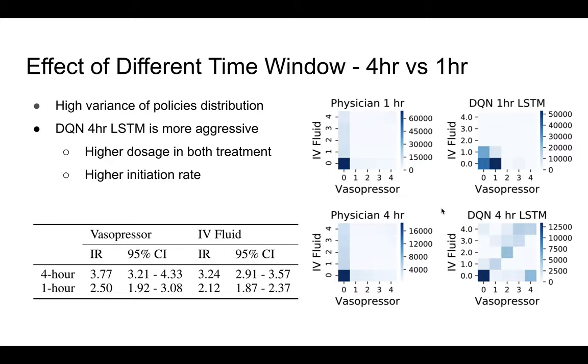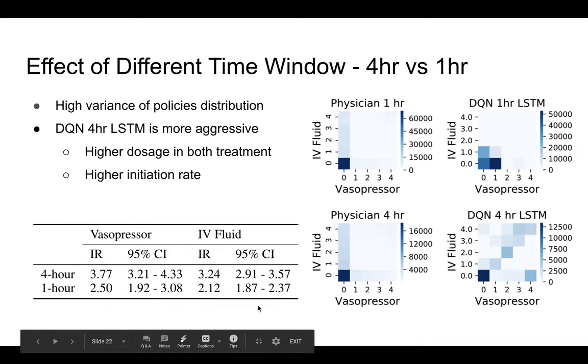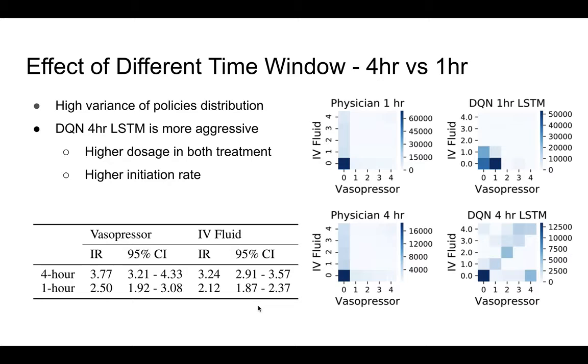The 4-hourly agent is much more willing to prescribe treatment to patients and is more willing to start a treatment given that no treatment was given at the previous observation. So we have to be careful about choosing a time window to train our RL algorithm.